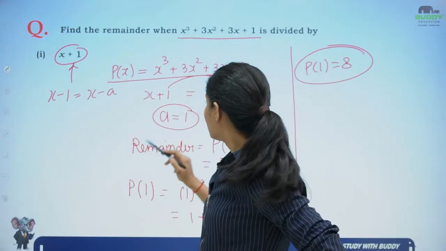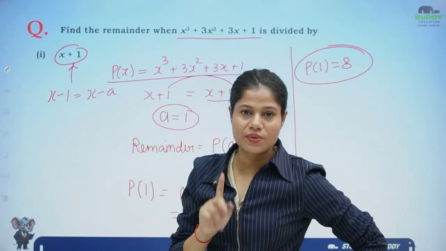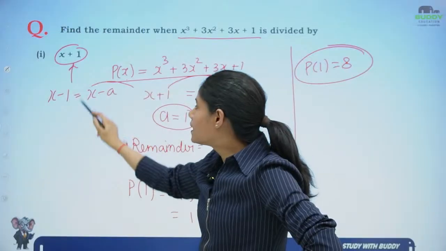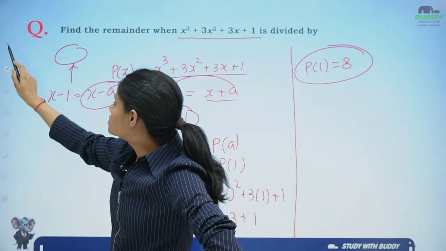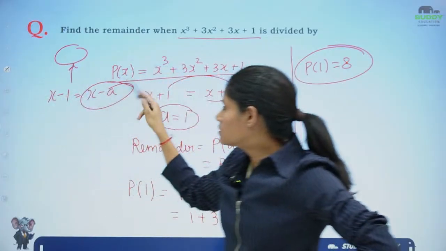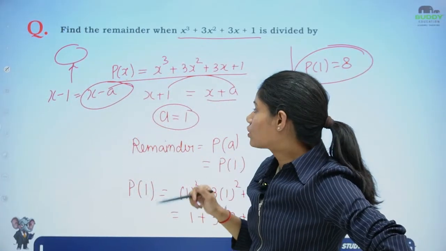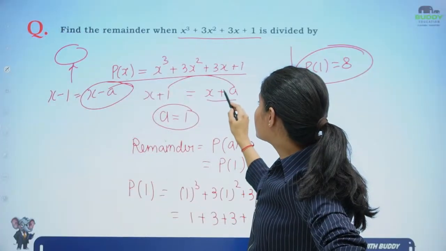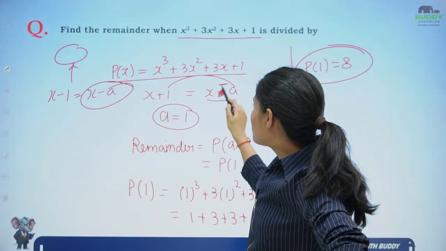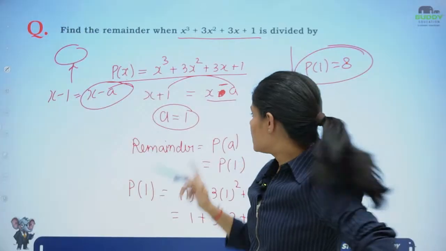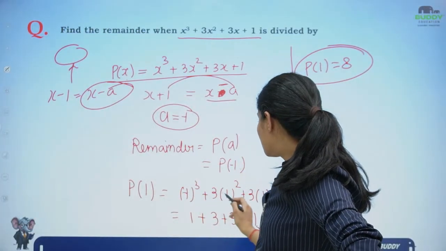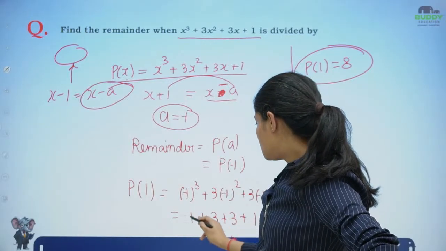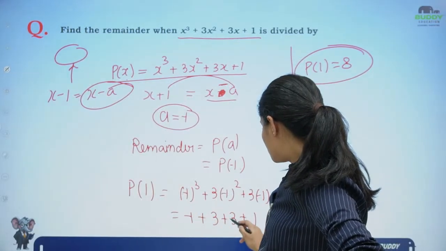All right, we have made one mistake. We have to compare this with x minus a, because in the theorem you must have seen, right? This will go wrong otherwise. We have to not compare this with x plus a, we have to compare this with x minus a. So here this will be minus 1, and I guess there will be one more change.